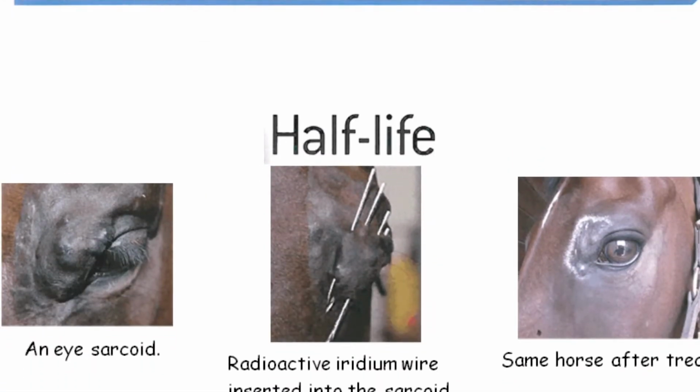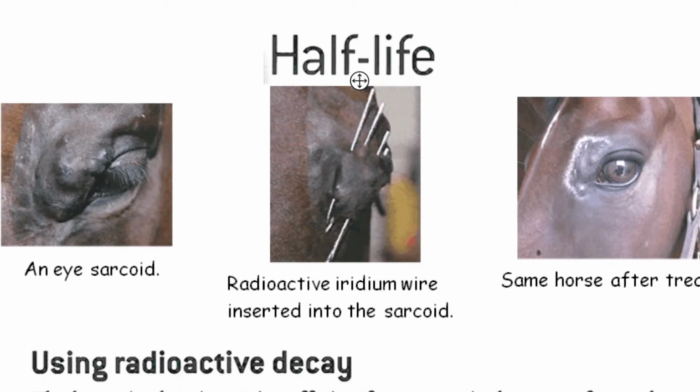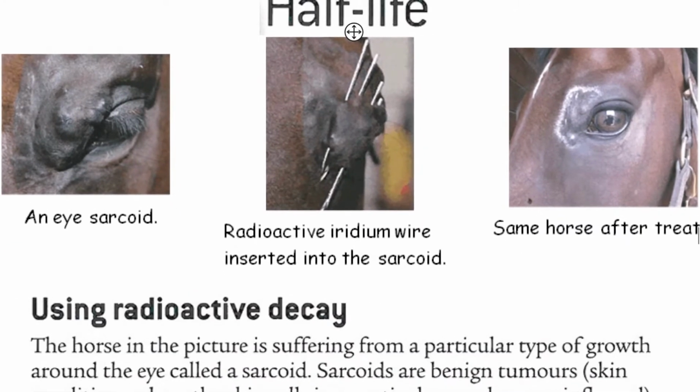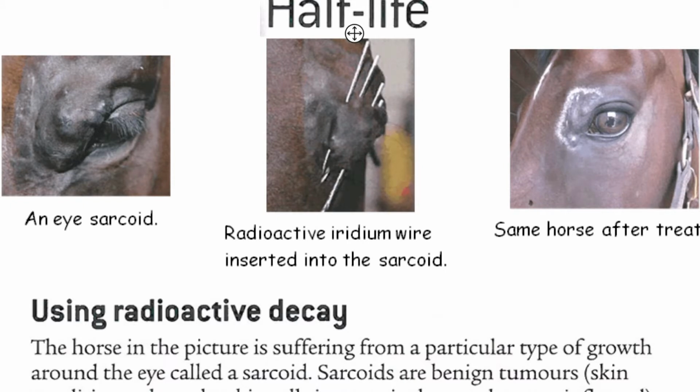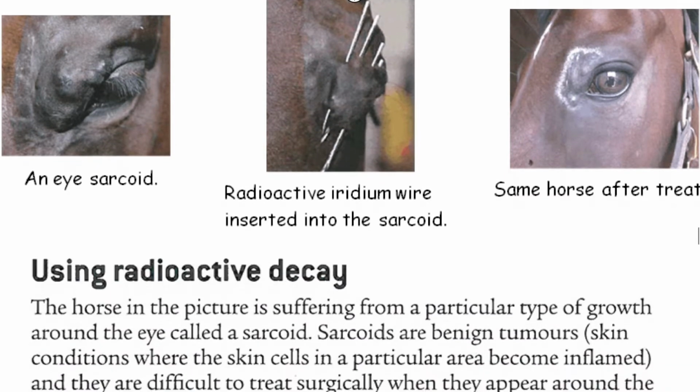Before we go any further, let's just look at an application of a radioactive isotope, or radioisotope, and how it can be used to treat, in this case, a horse.